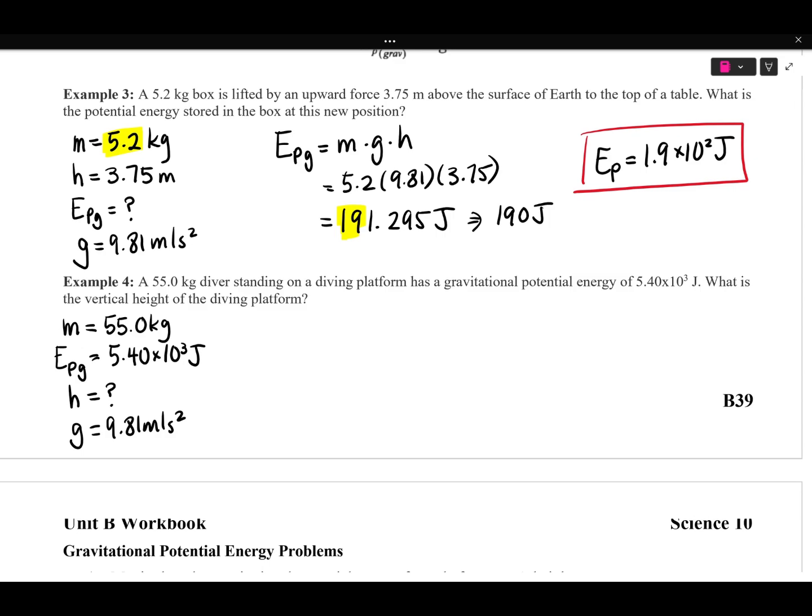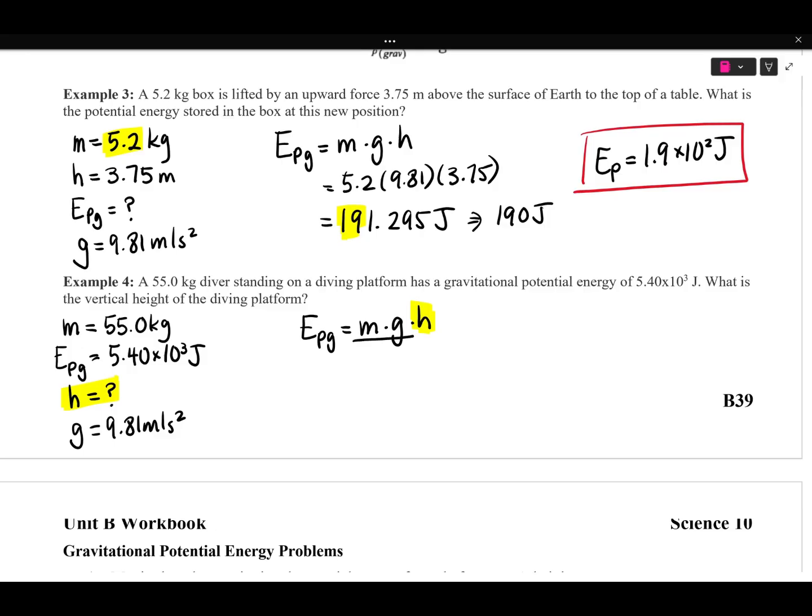So now we are going to have to manipulate our equation. So let's write out EPG is equal to M times G times H. We are trying to solve for H. So we want to isolate the H. So right now the operations are multiplication.